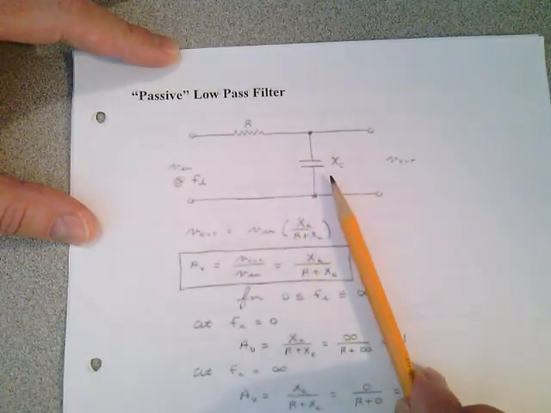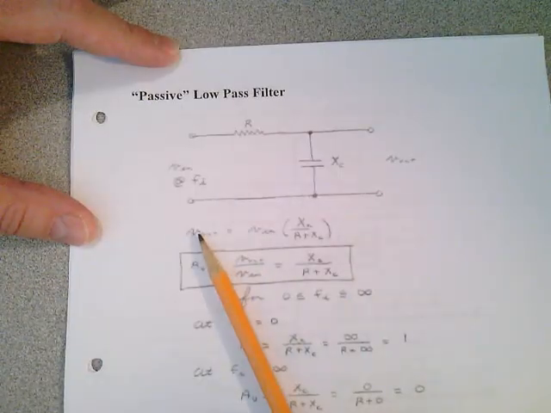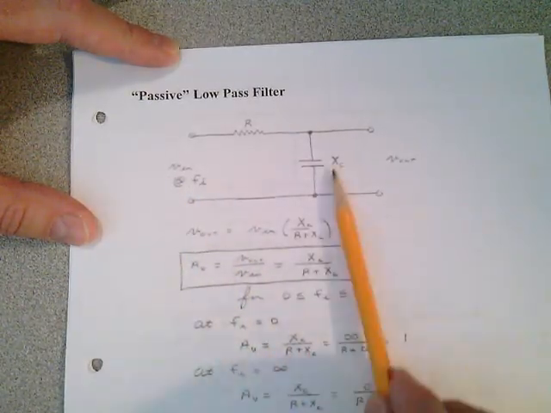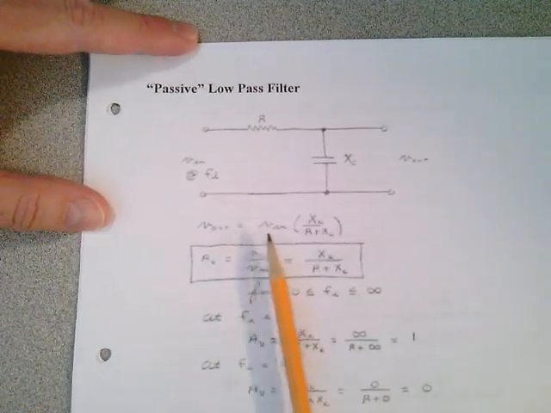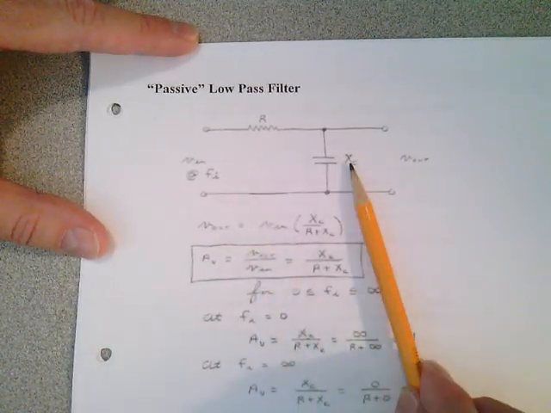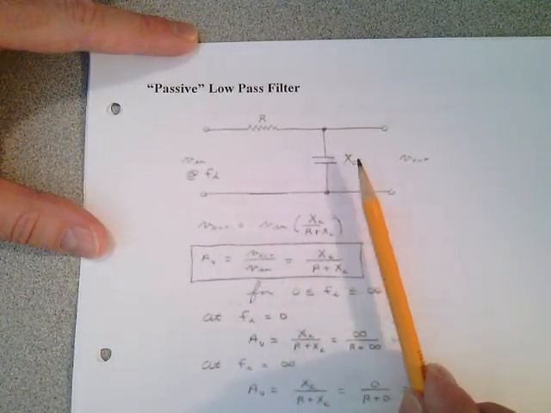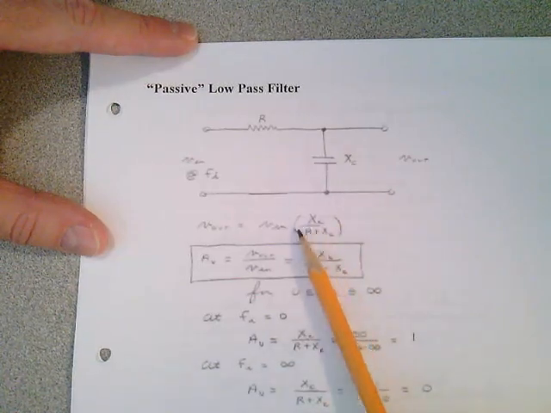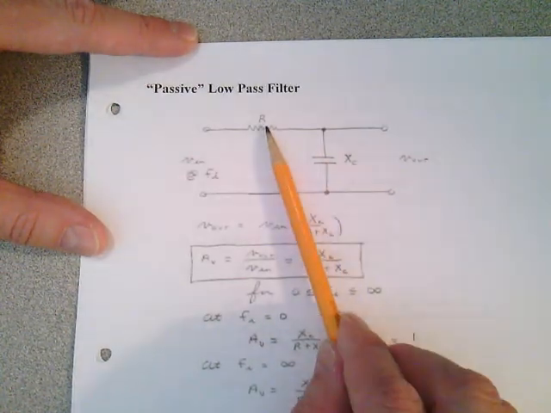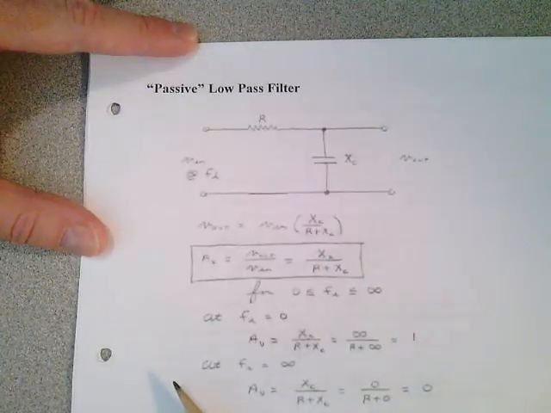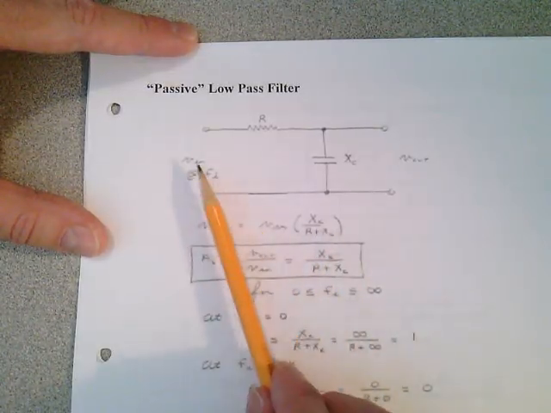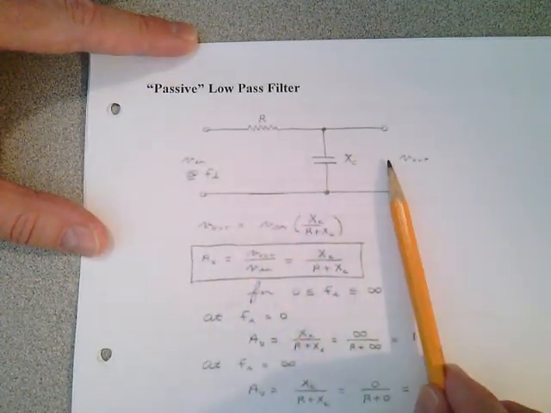So if we want to find the output voltage with respect to the input voltage, that's the voltage divider rule. Take a look here. V out is equal to V in times the value of this impedance, which is capacitive reactance, divided by the sum of the resistance plus the capacitive reactance. So forming the ratio, we'll get the voltage gain of this circuit.